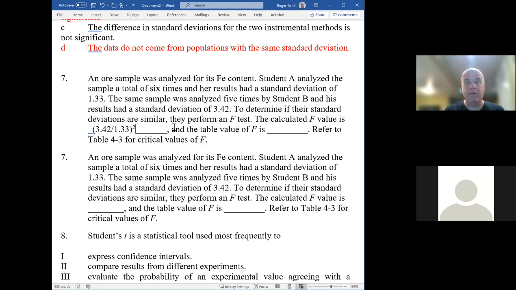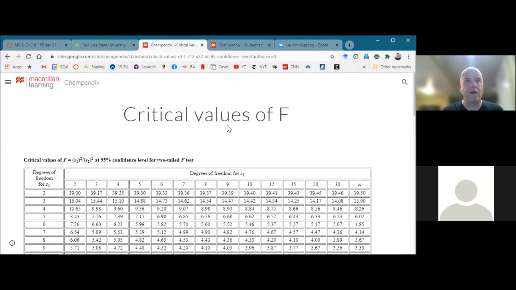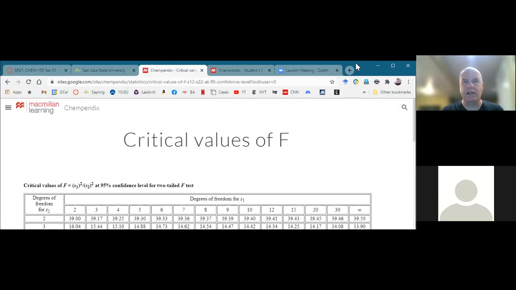And the table value of F, the tabulated value, you have to consult table 4.3, and I'm going to change my share real quick to table 4.3 here. We have to know the degrees of freedom in each data set.